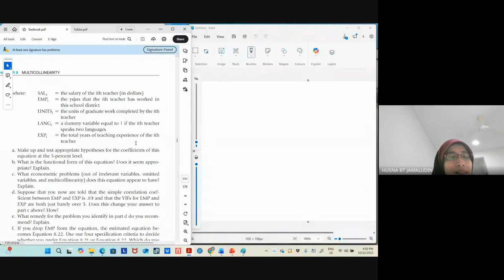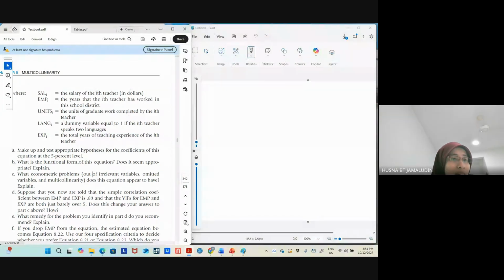Cannot? Years of teaching and experience. Yes, the same thing. Although you call it different name, they are the same thing. So you can say that you have included irrelevant variable. That's why it causes you multi-co as well, right?